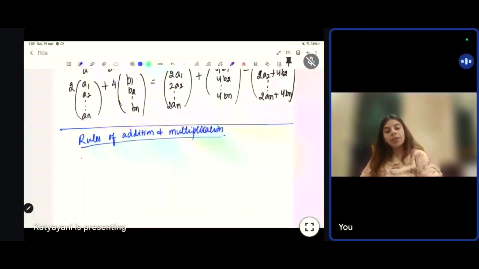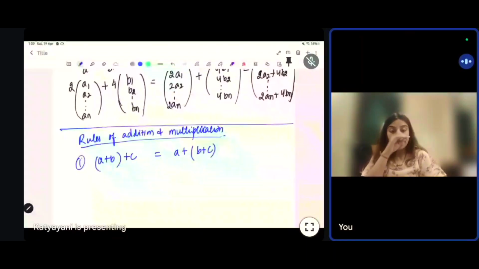The first rule is that a plus b plus c is equal to a plus b plus c. What we are doing here is, first I'm adding two vectors a and b, and then I'm adding c to the sum, and it has to be equal to adding the two vectors b and c first and then adding that sum to a, right?